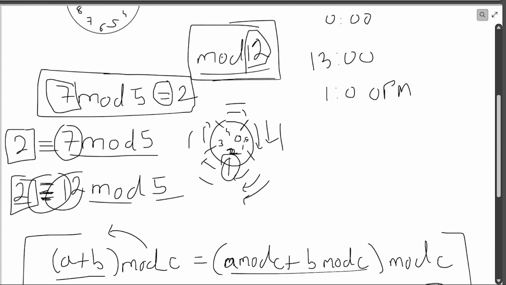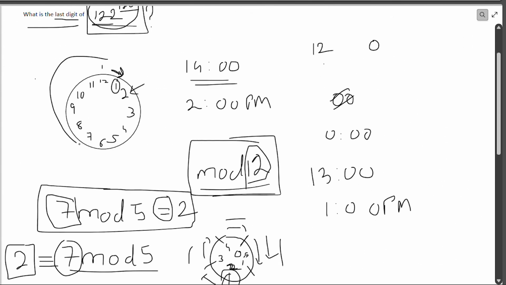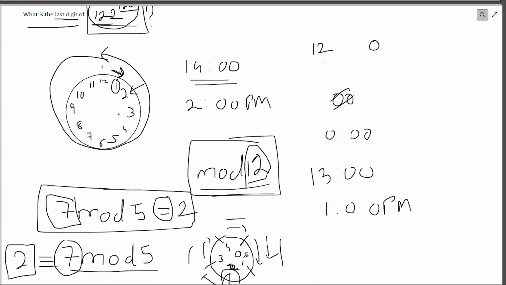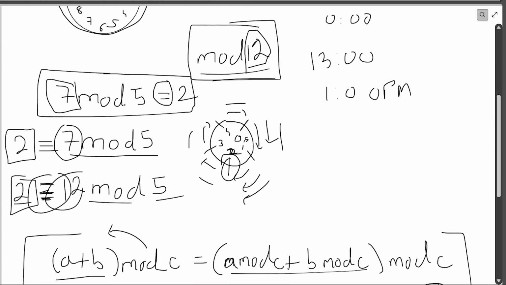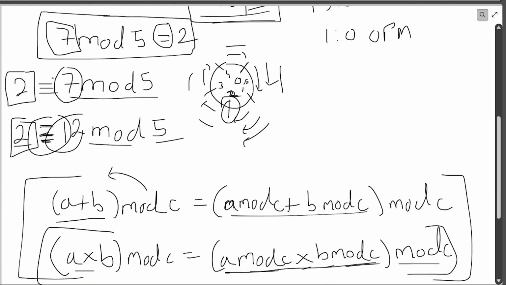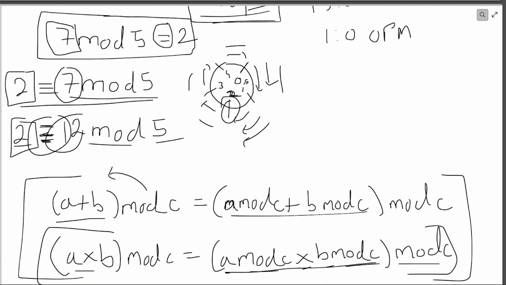And when we saw modular arithmetic, you might have also noticed that it is very similar to asking what the remainder is. Let's look at this again. When we say 7 mod 5 is congruent to 2, you can also say that when 7 is divided by 5, the remainder is 2. When 12 is divided by 5, the remainder is 2.